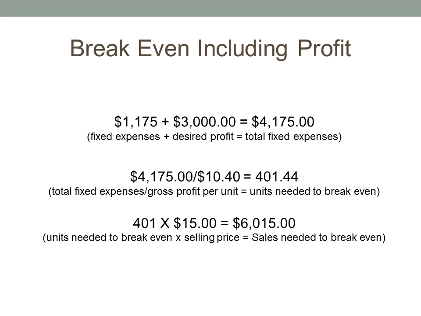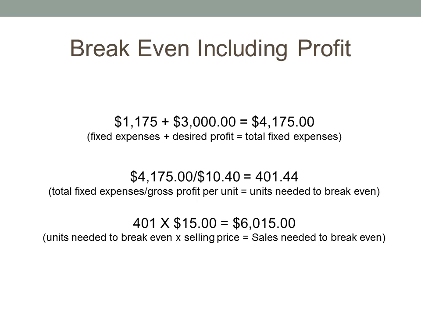So Mike wants to make $3,000 a month, so he's going to add that amount to his fixed expenses. That's a really very important thing for you to understand, that if you're calculating for desired profit, that has to be added and included as a fixed expense.